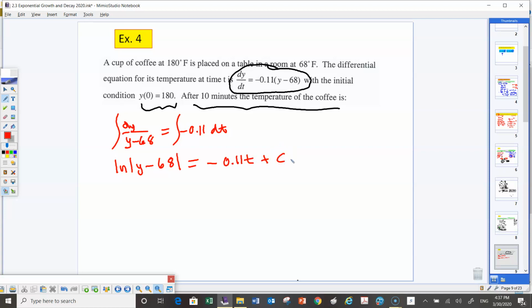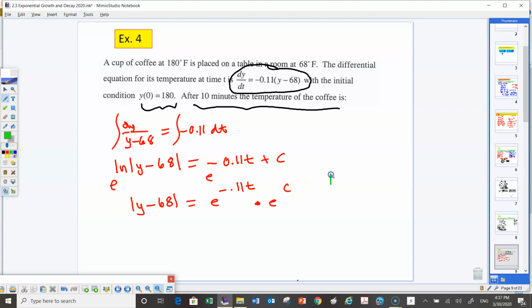And as we said before, it's sometimes easier to get rid of the logarithm first by exponentiating both sides to the base e. So the left-hand side will become the absolute value of y minus 68 is equal to e to the negative 0.11 t times e to the c.